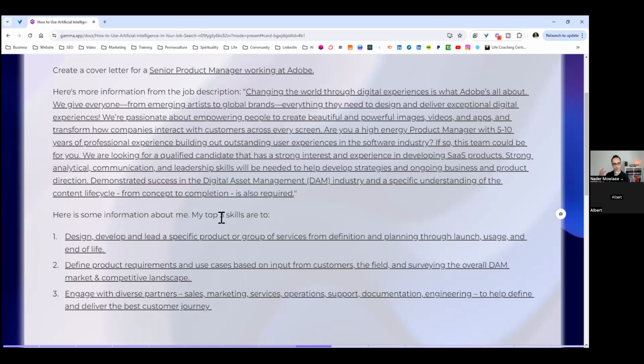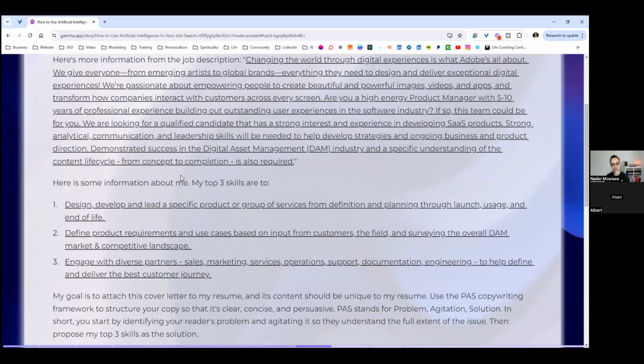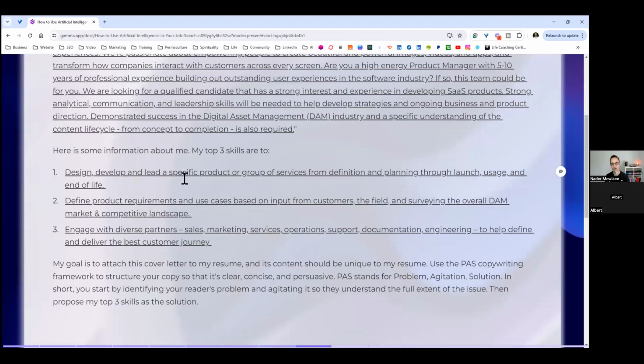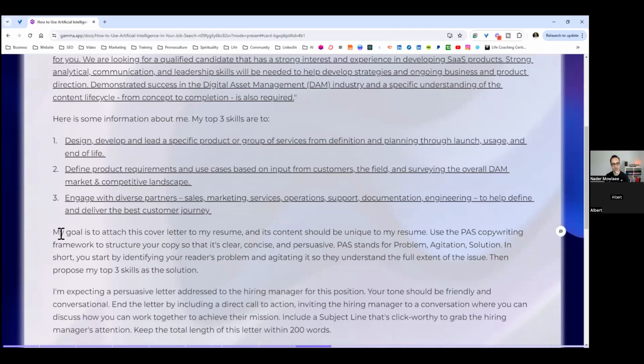That's how the mind works. You don't really want to go into more than 3 different sets of skills on a cover letter. There's a reason they're top 3, and that's what mostly going to be required for that job. You don't need anything more. Framework is the same. We're going to have obviously additional information in terms of what our goals are. The goal is different here.